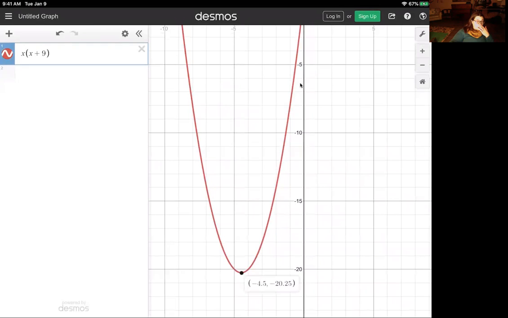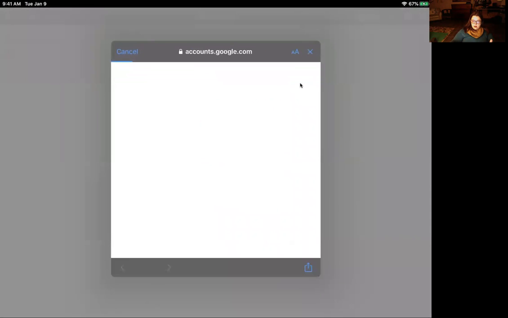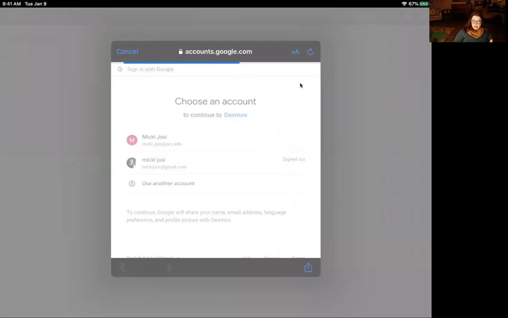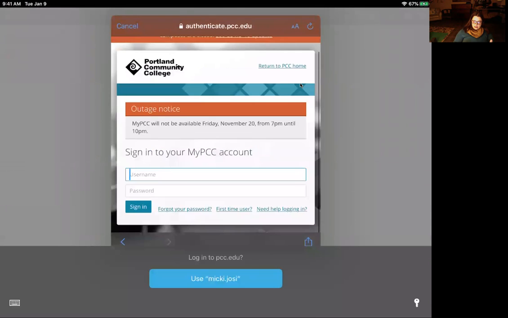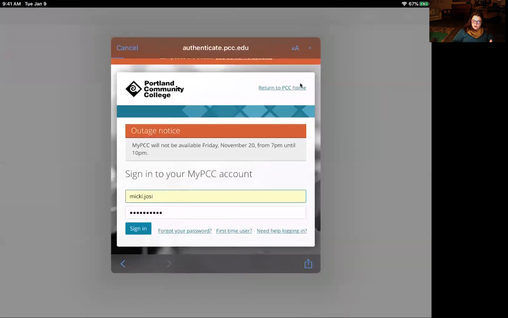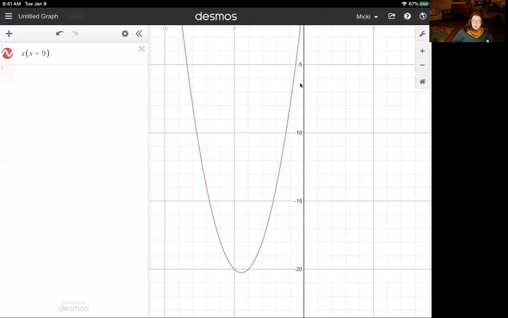Another cool feature of Desmos that you're going to find out is you can sign in, log in, or sign up for Desmos. I've been using my PCC account, and what's great about that is it's going to allow you to save your graphs, and then you can also share them too.